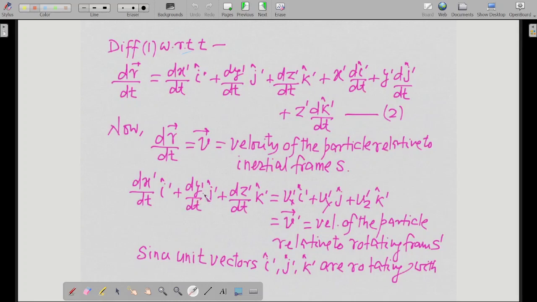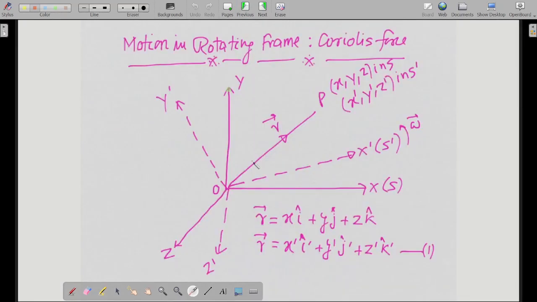Now if you observe these three initial terms over here, what will happen? This dx prime by dt, what is it equal to? It is the rate of change of x coordinate, right? Rate of change of x coordinate of what? Of the S prime frame. Let us see over here.